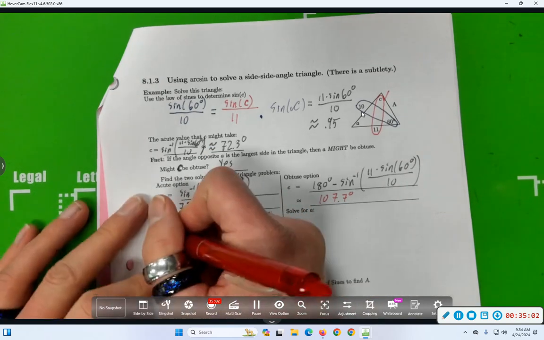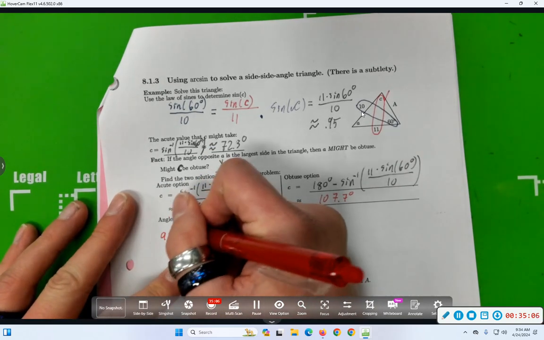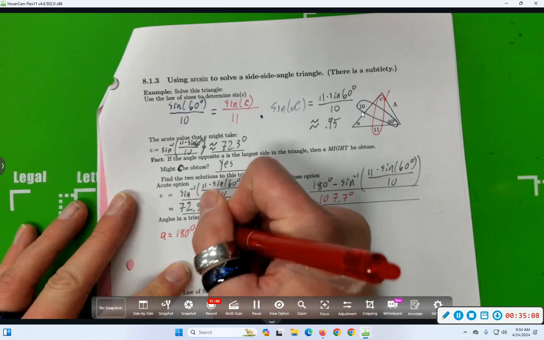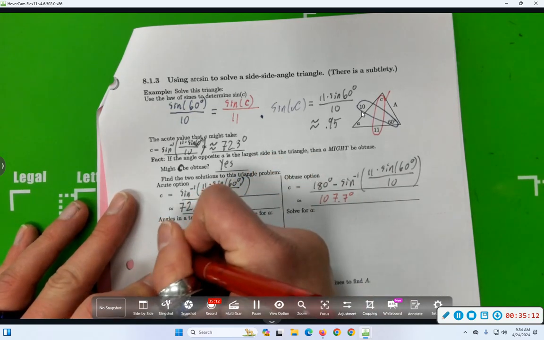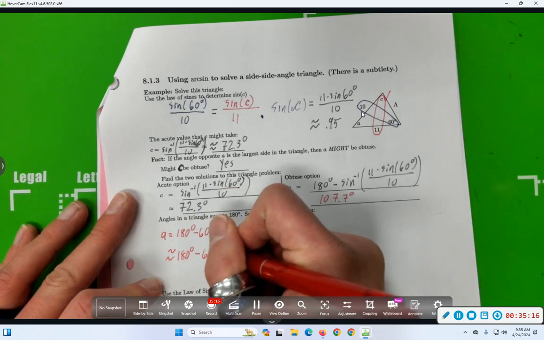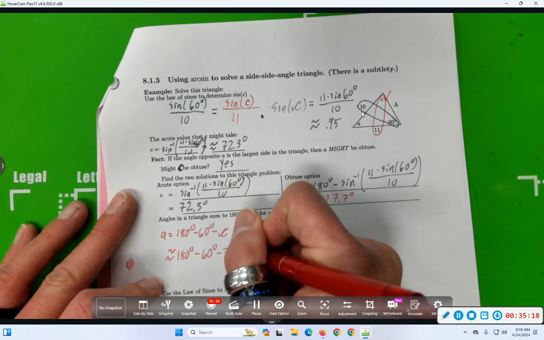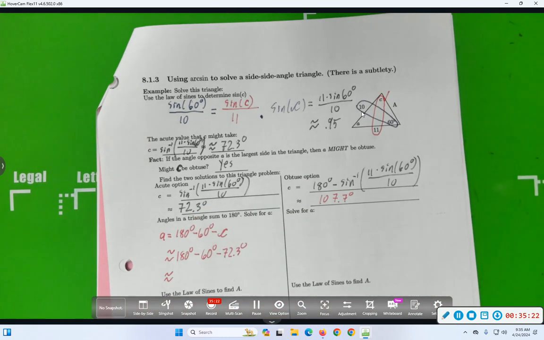So, to get the angle A, that will be 180 degrees minus 60 degrees minus C, which is about 180 degrees minus 60 degrees minus 72.3 degrees. Seem like something we can do? Yeah.